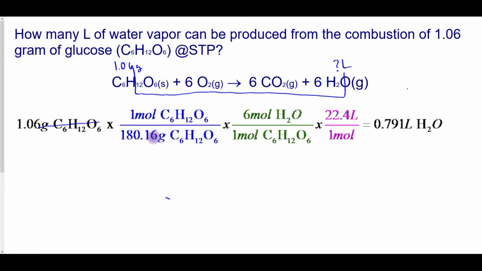Now I can cancel out the grams and I have moles of glucose. To get to water vapor, I have to use the mole ratio from the balanced equation. Using that gives a value of moles of water. It's asking for liters and it says it's at STP, so the relationship of 22.4 liters per every mole can be used.